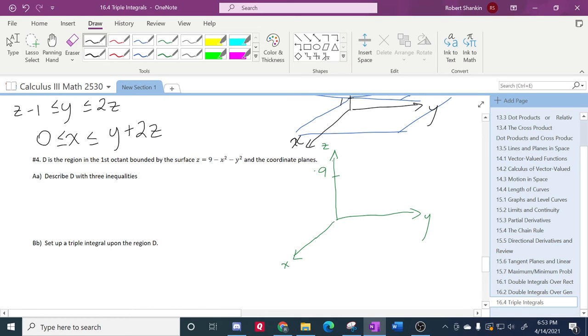Because if X and Y are anything else, it reduces the size of Z. So it's parabolic in this direction. When X is 3 and Y is 0, Z will be 0. So it comes down and hits here at 3, and it also comes down and hits here at 3.